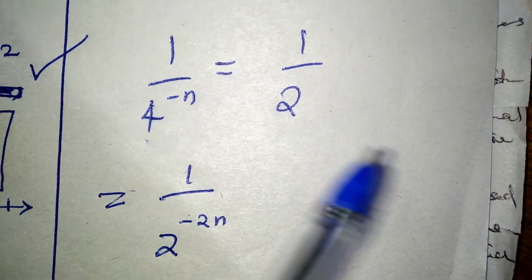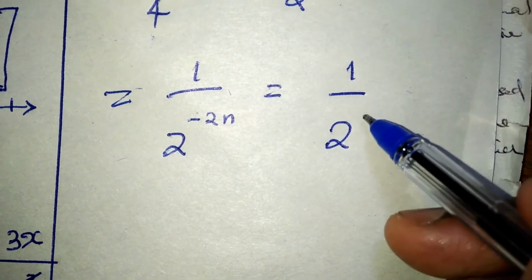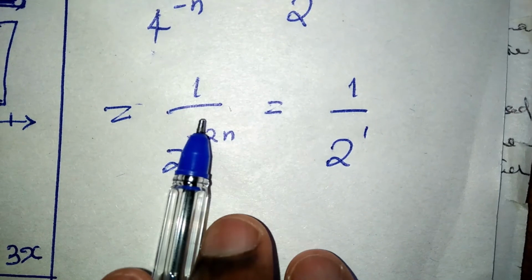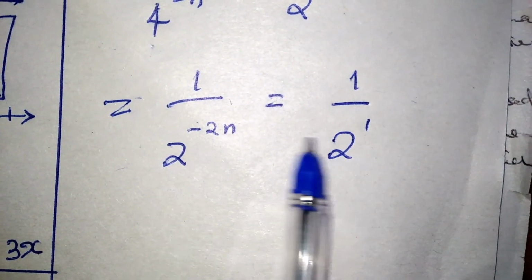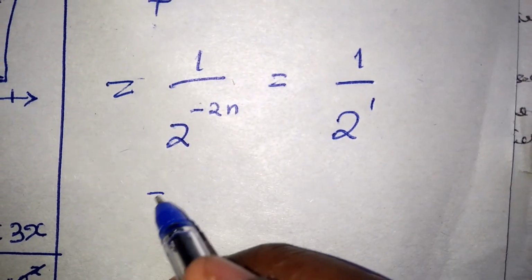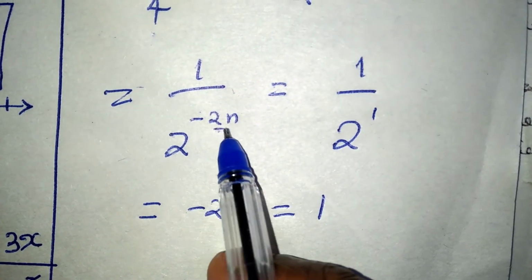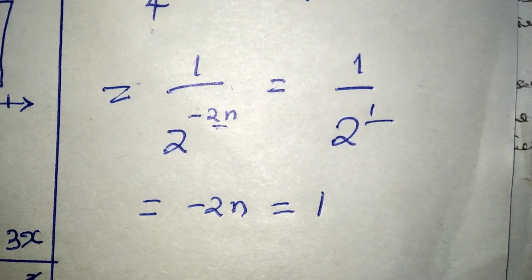And so I've opened that bracket. I've gone one step ahead. Now, if you look at this, 1 over 2 can be written as 1 over 2 raised to 1. You can see that these sides are equal. They are both equal. And hence, we can write negative 2n is equal to 1. The powers here are the same as these powers if these two indices are equal.